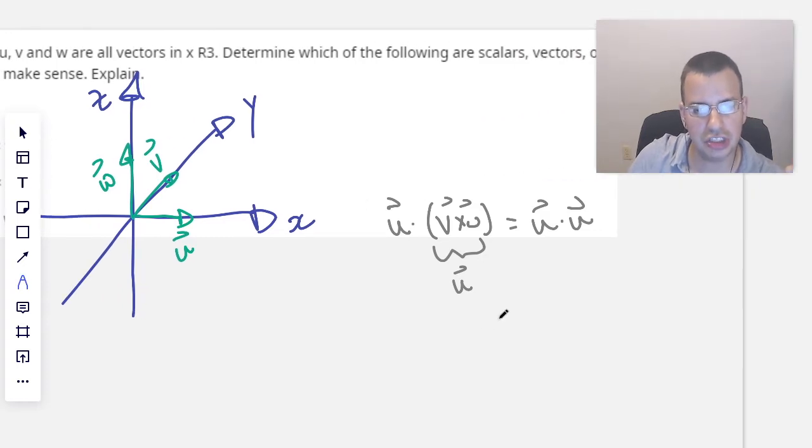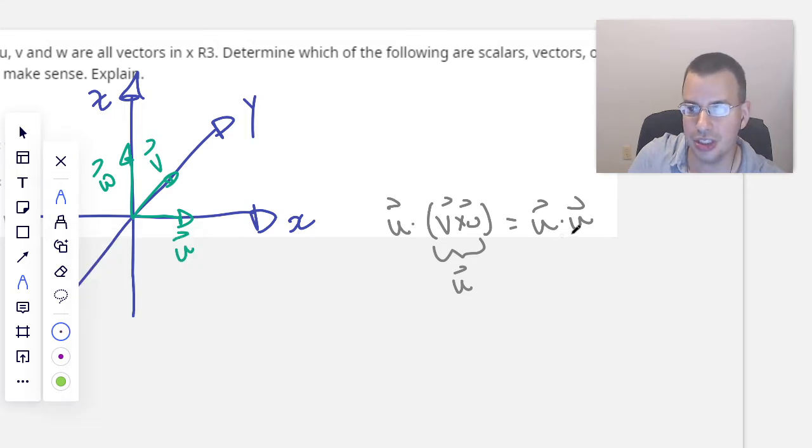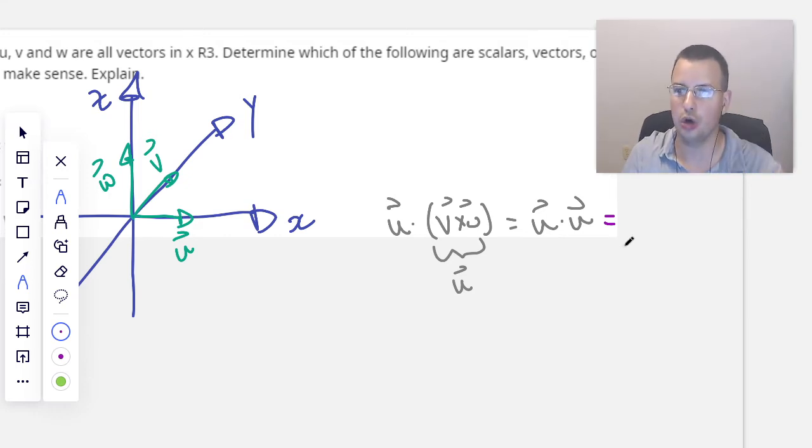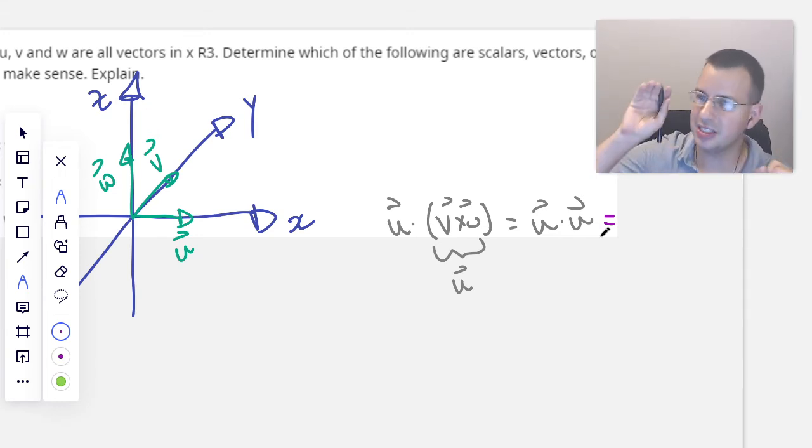And just like a cross product is a measure of how perpendicular two vectors are, a dot product is a measure of how parallel two vectors are. So these two vectors are perfectly parallel with each other, and so it's going to be 100% or 1. A dot product is a scalar.